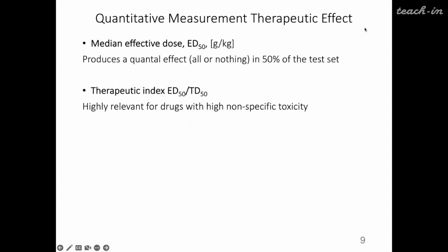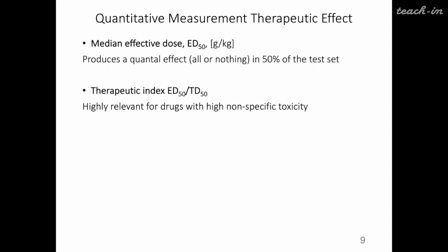And in this case, analogously, we can speak of median effective dose that produces a quantal effect, all or nothing, in half of the test set. And we can combine toxicity and effective dose in the so-called therapeutic index.